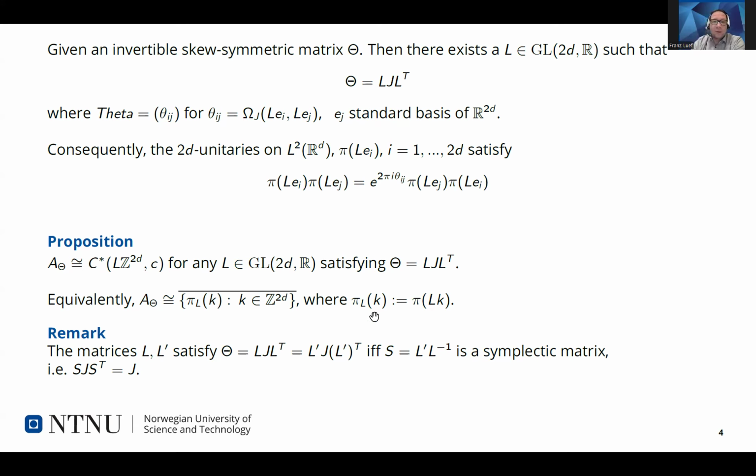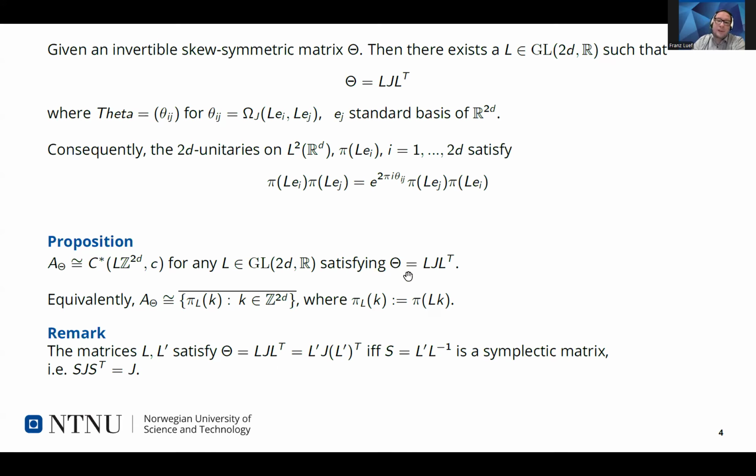Or you can also think of it as like you take all these LK, where K runs over all points in the integer lattice, and you look at the corresponding operators, and then you take the norm closure.